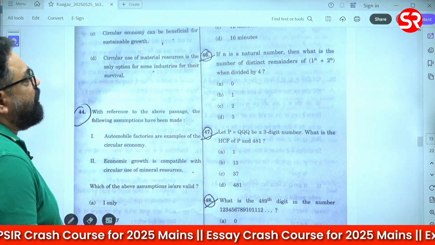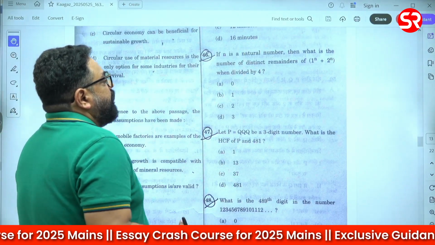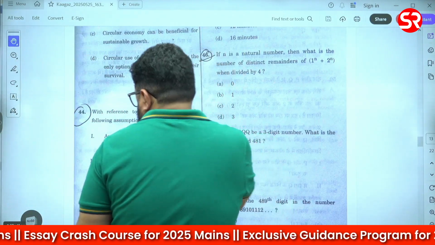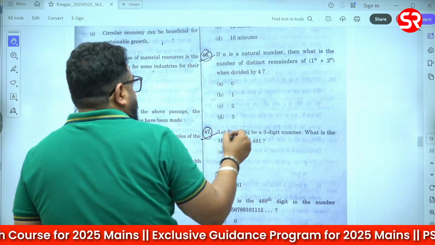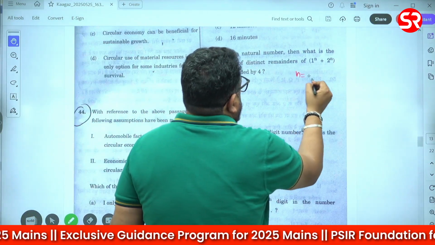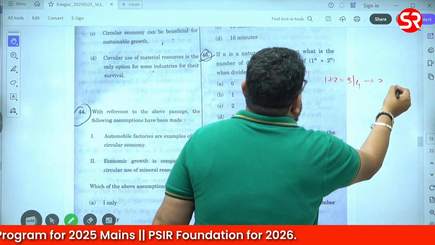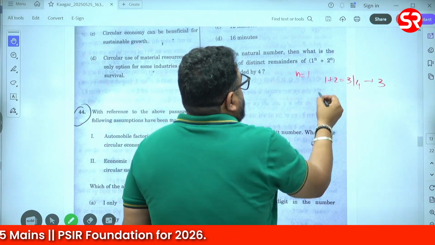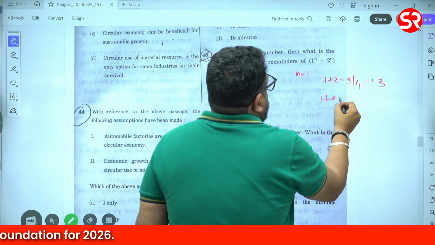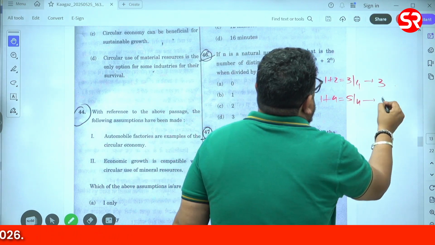He says n is a natural number. Then what is the number of distinct remainders? This is one question any one of you should have done. So for n equal to 1, it is 1 plus 2, which is 3, divided by 4, remainder is 3. If n is equal to 2, then 1 plus 4 is 5, divided by 4, remainder is 1.